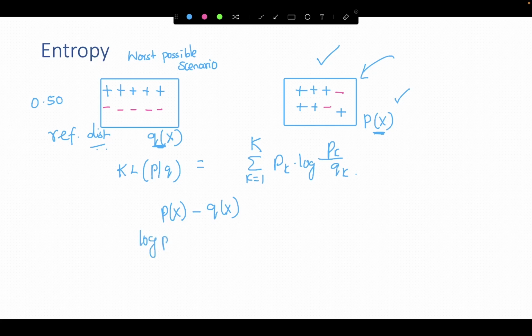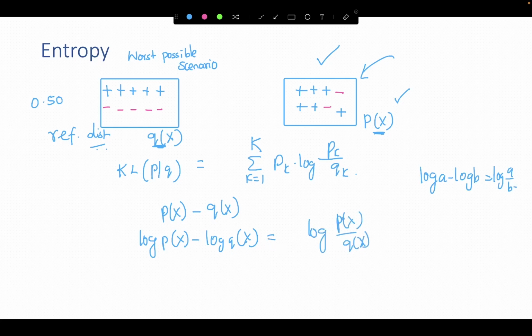Applying log results in log P of X minus log Q of X. We already are aware of the formula that log A minus log B is log A by B. On the same lines, it's going to be log P of X by Q of X, and that's what we observe in this KL divergence formula. How we arrived at this summation term is what we need to understand further.